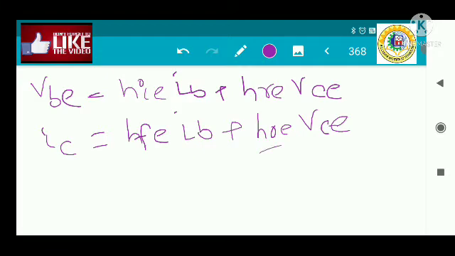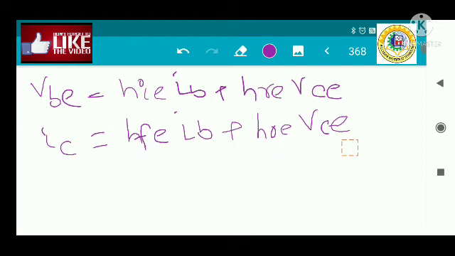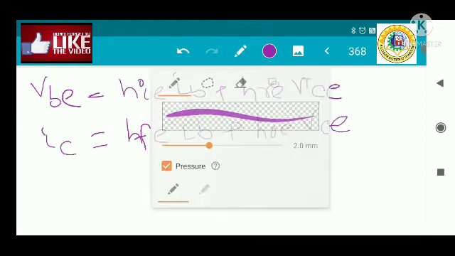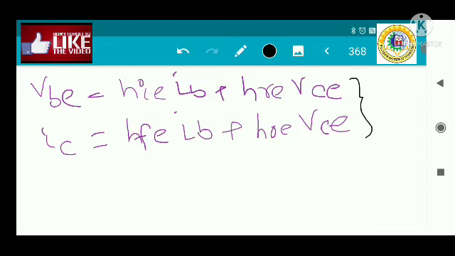HOE has a unit of, I have said that HOE is actually mho, that means 1 divided by ohm, and this is the voltage, volts divided by resistance. So this is actually the current. Okay, so that's why it is written like this. So these are the two different equations associated with this.